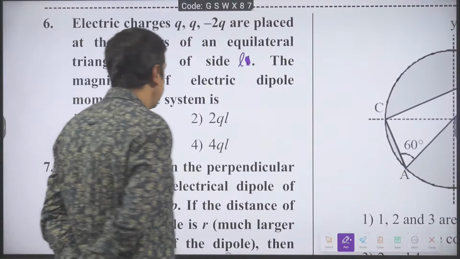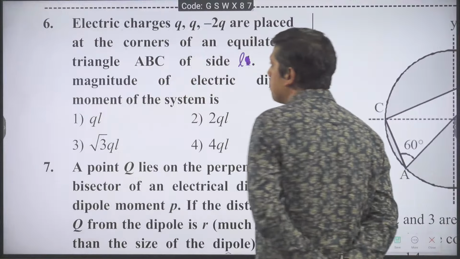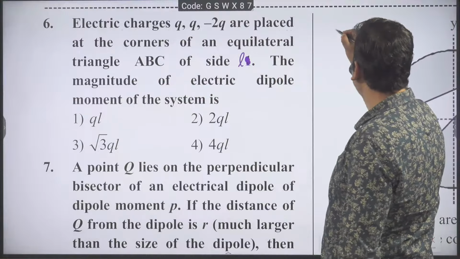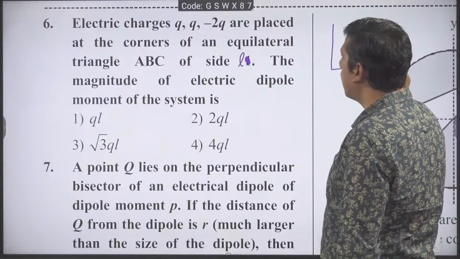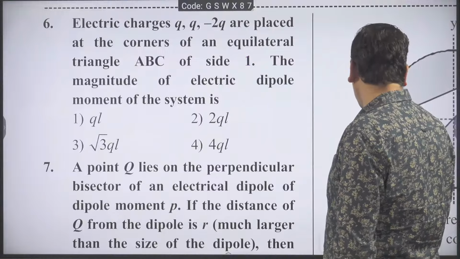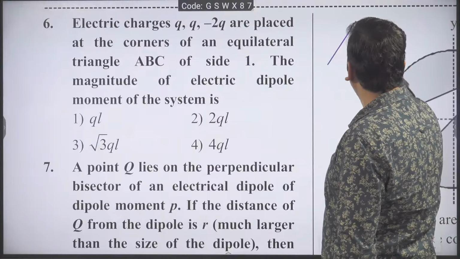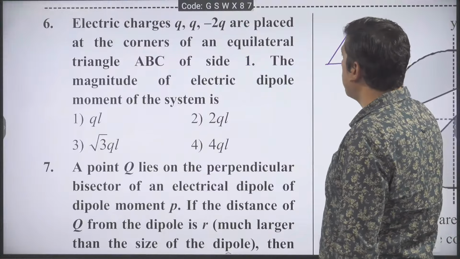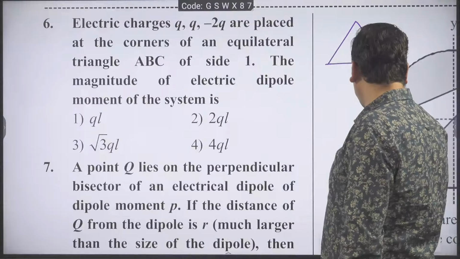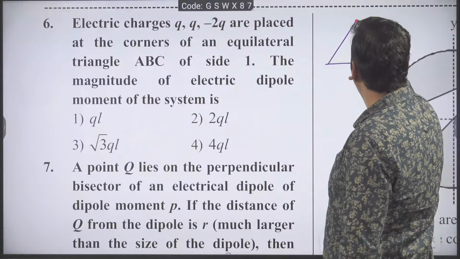That will decide. Oh, equilateral was said. I thought they were saying a right angle triangle. Okay, then it is correct, no problem.